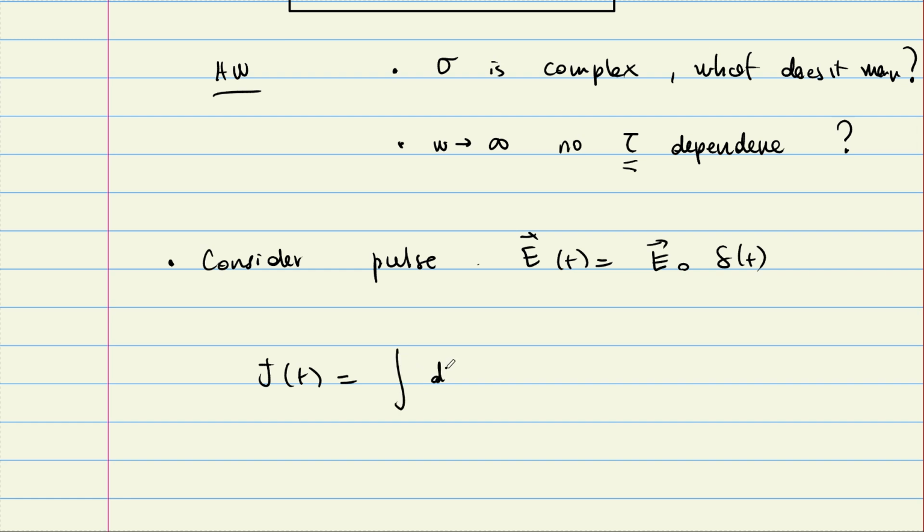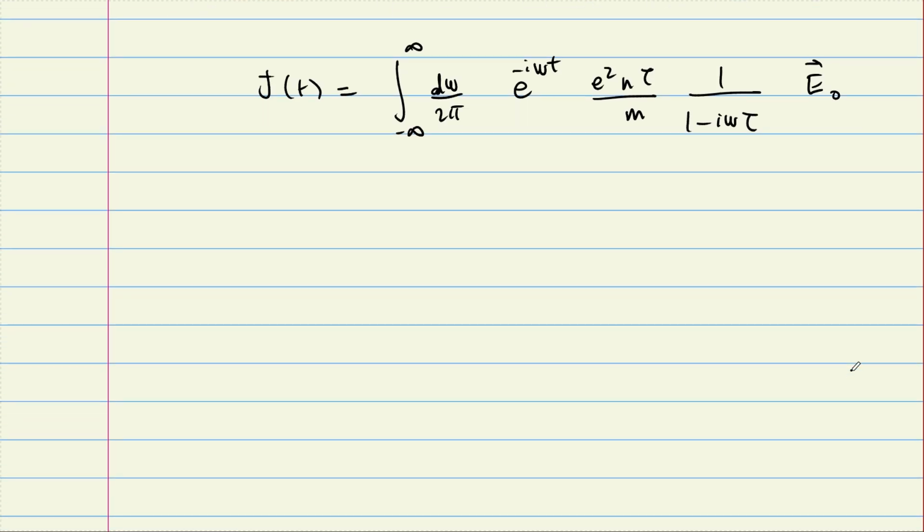It is going to be the integral d omega over 2 pi from minus infinity to infinity. I sum all Fourier components, e to the minus i omega t, e squared n tau over m, and the conductivity we just found, 1 over 1 minus i omega tau, times E naught. And this integral can be taken, right? This is a second homework.